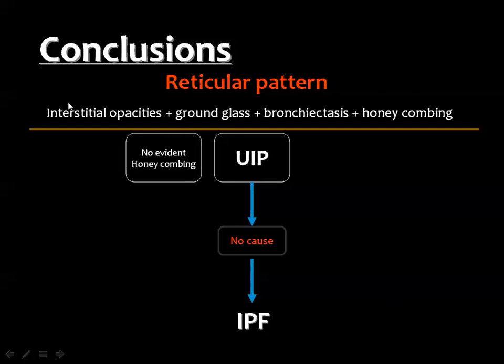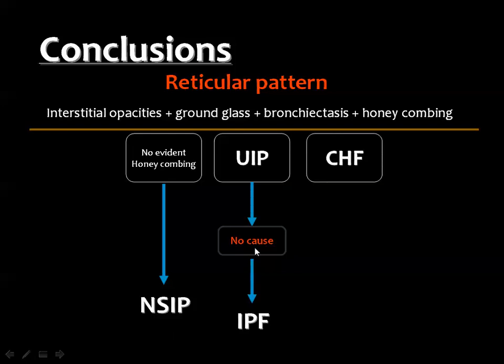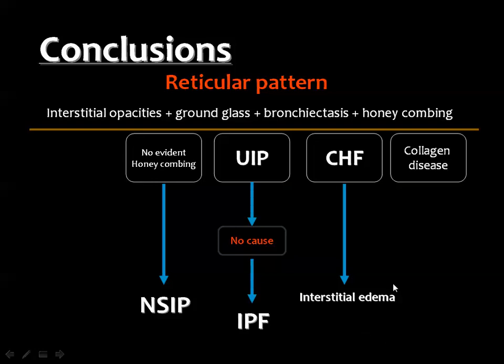And if you see these changes with no evident honeycombing or no honeycombing at all, then you are dealing with non-specific interstitial pneumonia. If the patient is known to have congestive heart failure, then you are dealing with interstitial pulmonary edema. If the patient is known to have collagen disease like rheumatoid, then this is rheumatoid lung, scleroderma, and this is scleroderma lung.